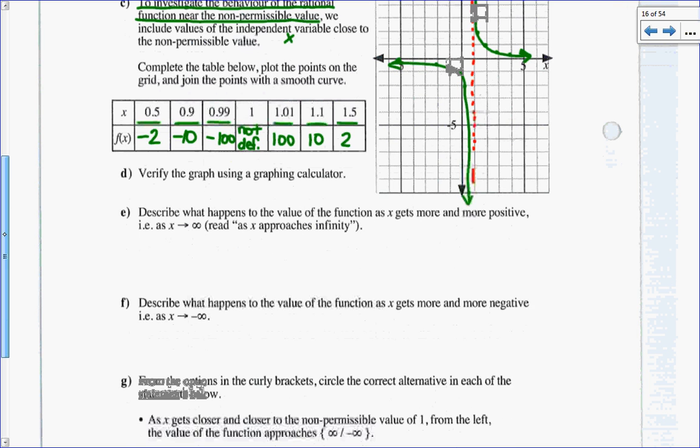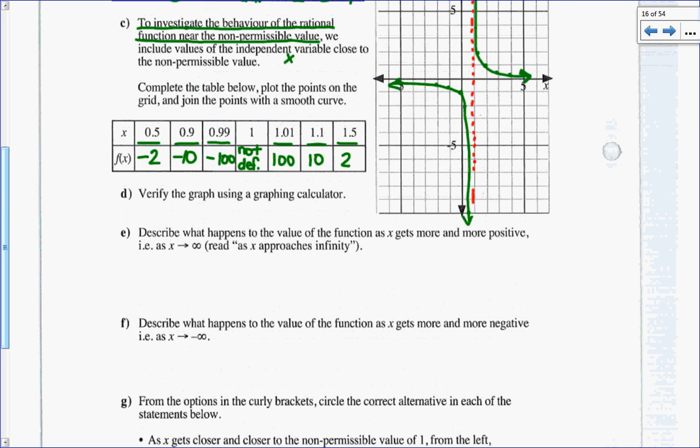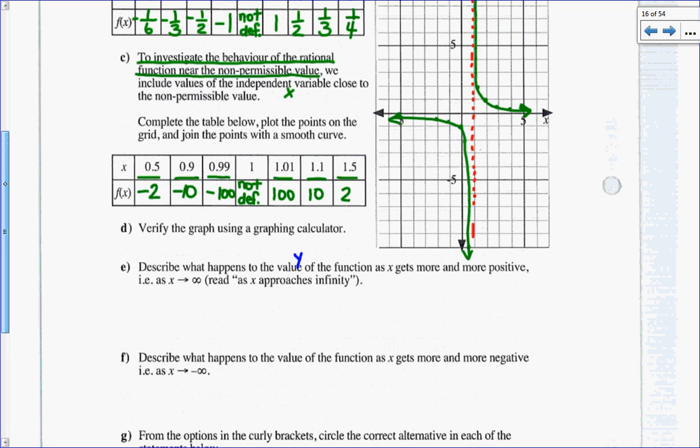So describe what happens to the value of the function. Your value of the function, that's what happens to your y, as x gets more and more positive.